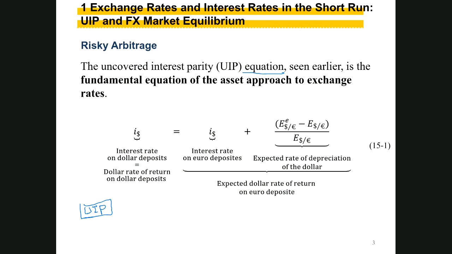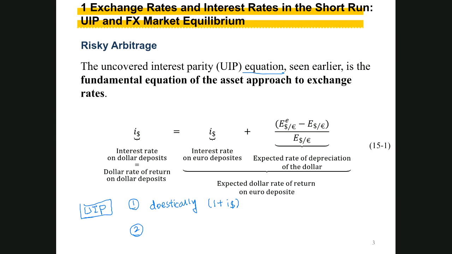What about UIP? Like arbitrage, right? So people have two options to save their money. Remember that? They could choose to save their money domestically, and after a year you will get 1 plus this, right? Or save money in a third country, or outside of your domestic market.